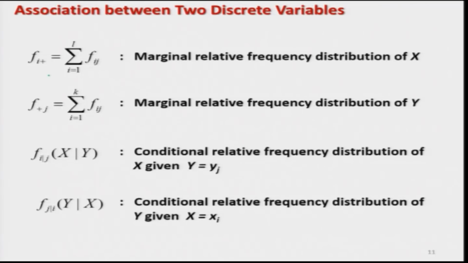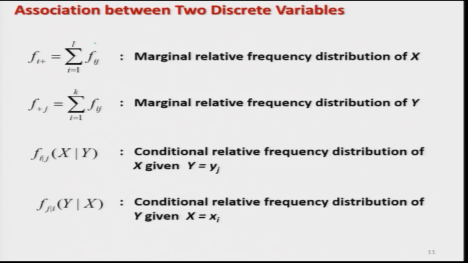Now, suppose I want to know the behavior of the subjects for a given gender, then this type of information can be obtained by the concept of conditional frequency distribution. So, I will take an example to show you how to interpret such values, right. But before that, let me write all the symbols in general.